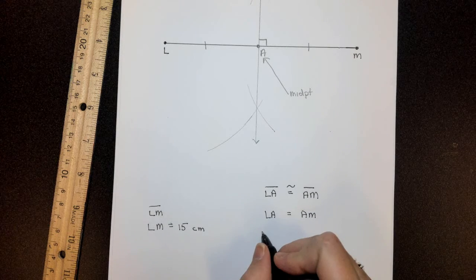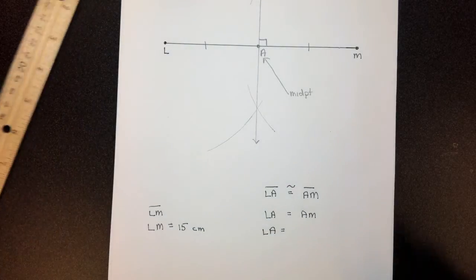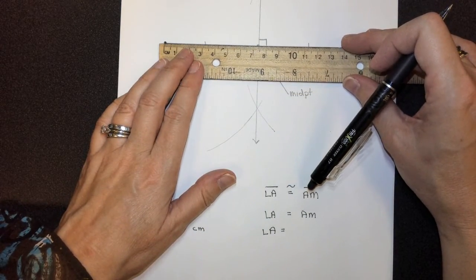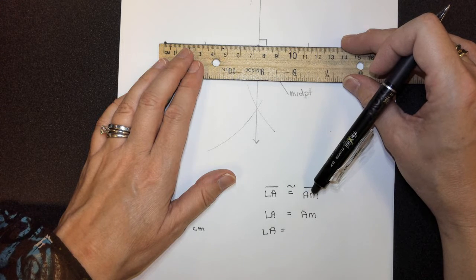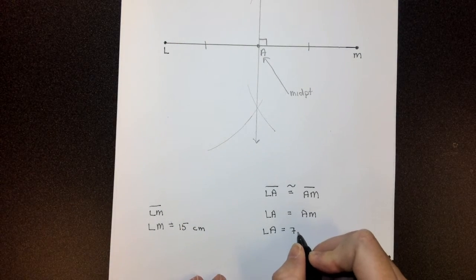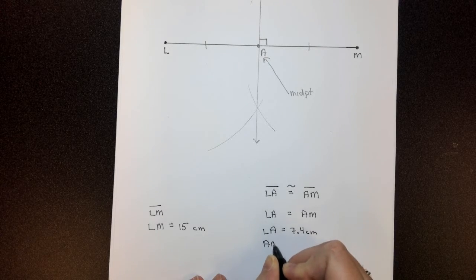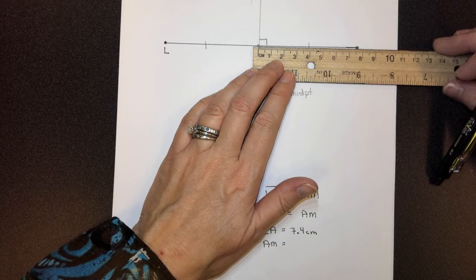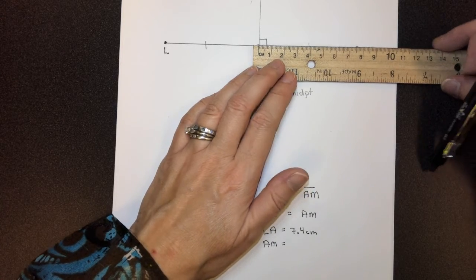So let me double check this. The length of LA equals, again in centimeters, I'm hoping this works out, about 7.4, looks like maybe, close enough, 7.4 centimeters, and AM is equal to about 7.6.